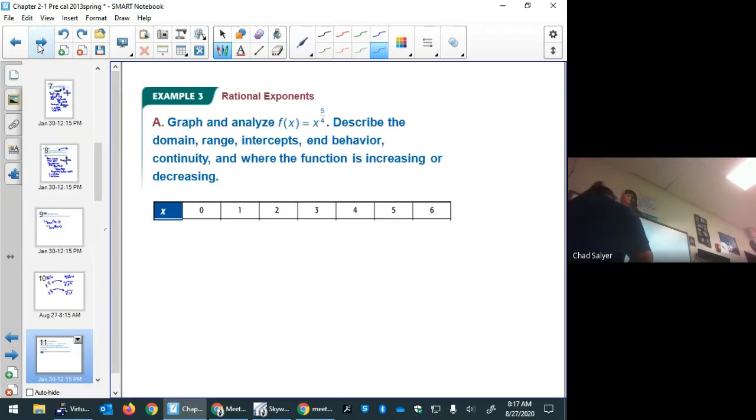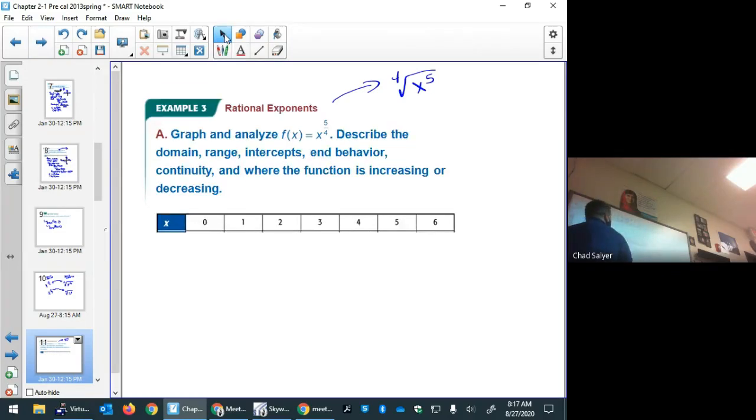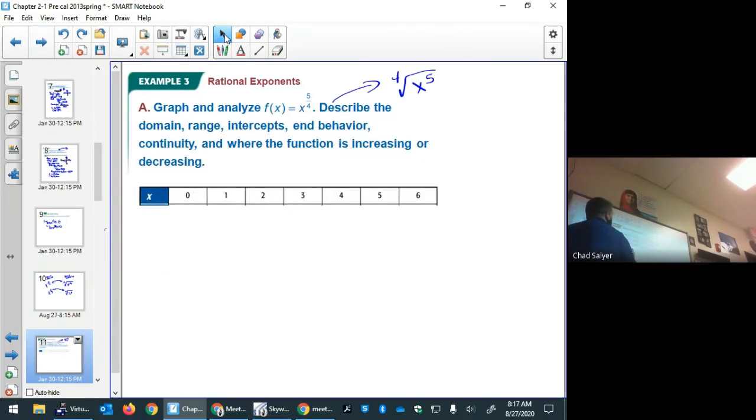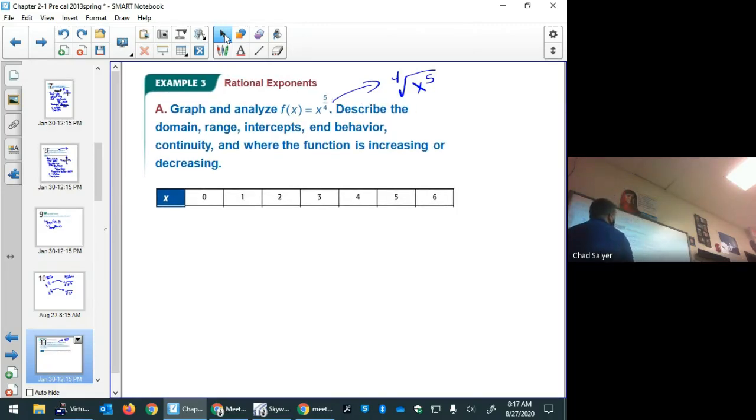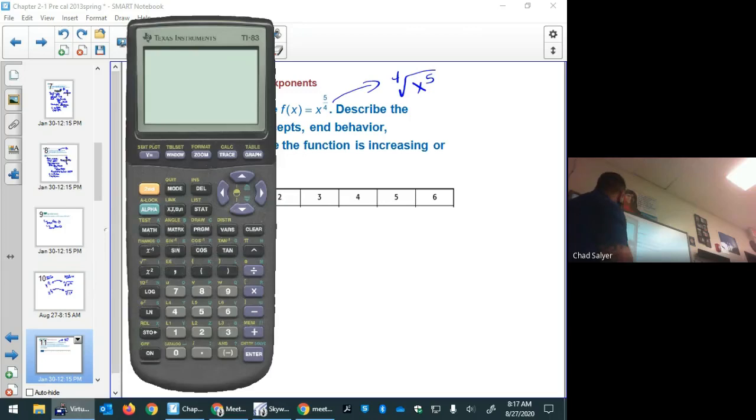Okay, so here we go. X to the 5/4. We know by that argument I just made, this is the 4th root of x to the 5th power. So describe all of those characteristics we've been describing, but we're going to do it using the graph as a guide. It's going to look a whole lot like y equals x, at least in quadrant 1.